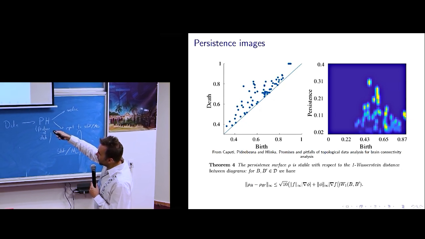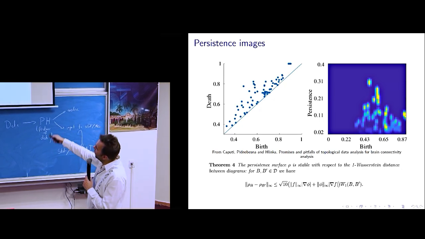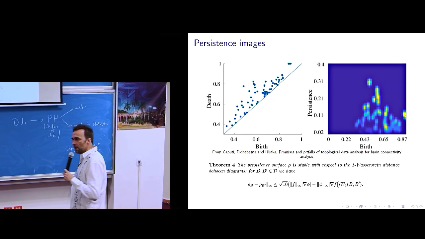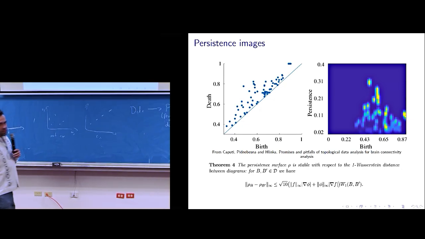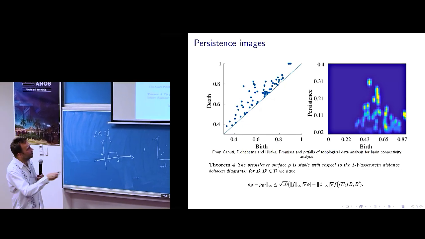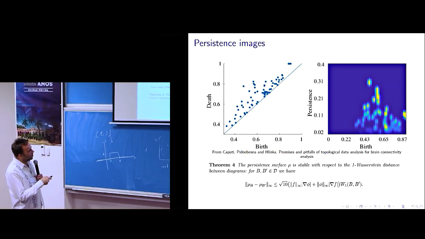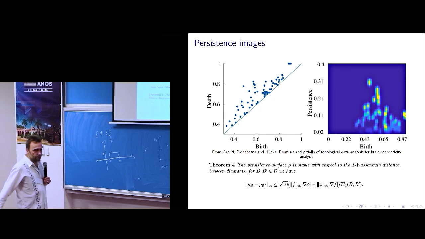The points of higher persistence get larger Gaussian kernels, with a larger amplitude. Points closer to the diagonal get smaller Gaussian kernels. Then you take the sum of those functions, discretize it on a grid of points, and you get a persistence image. There is some more elaborate stability also related to a Wasserstein distance.